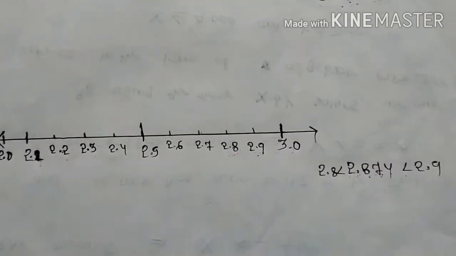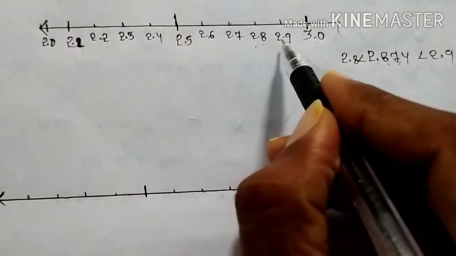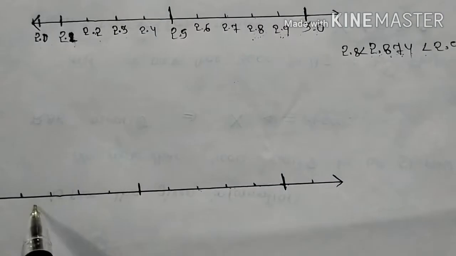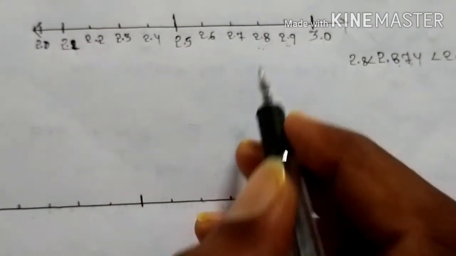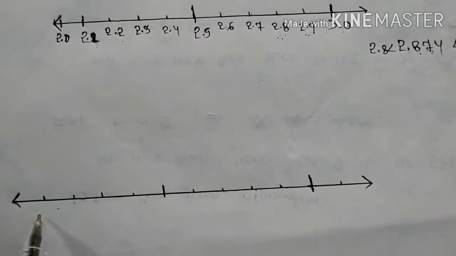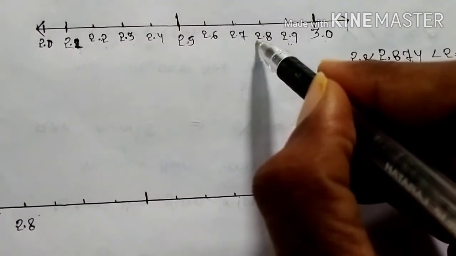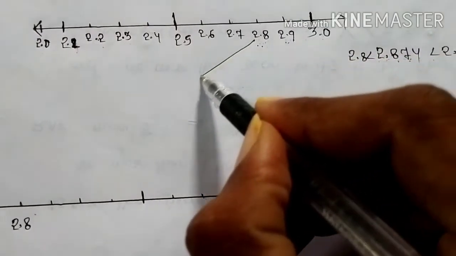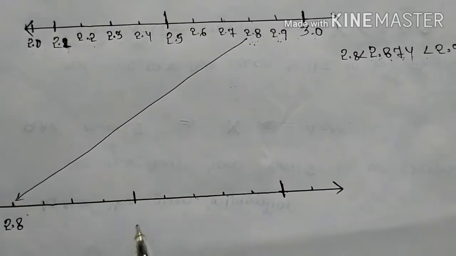So I am drawing one more number line here. I am taking 2.8 and 2.9 into 10 equal parts. The first one here is 2.8. We can use a pencil or scale if you want; with a scale you can draw it.